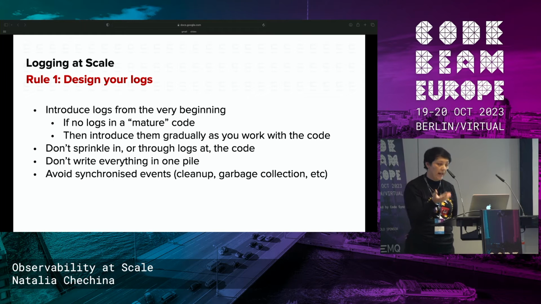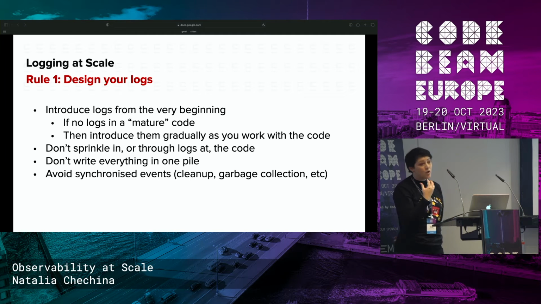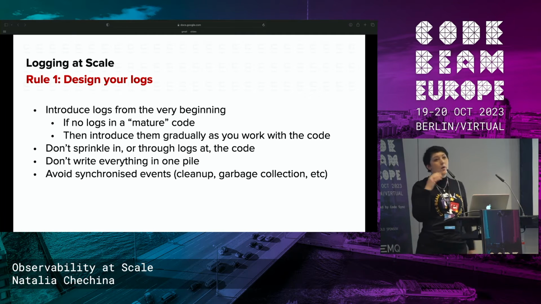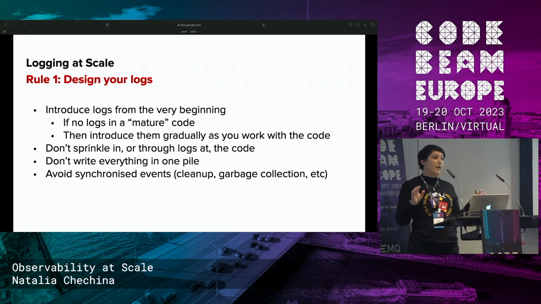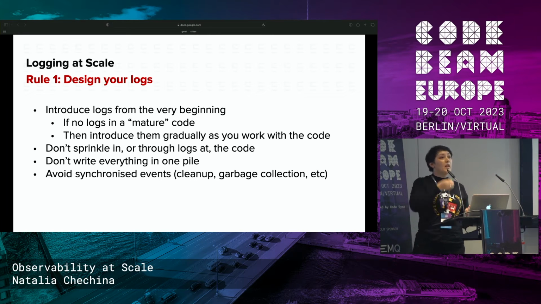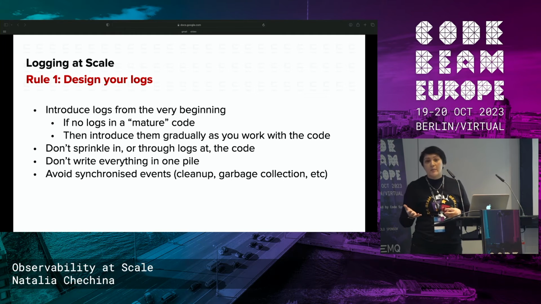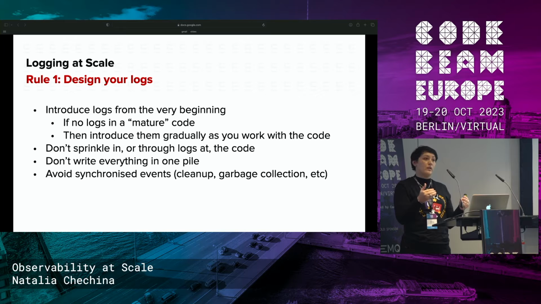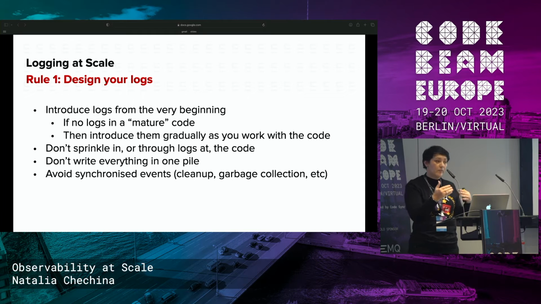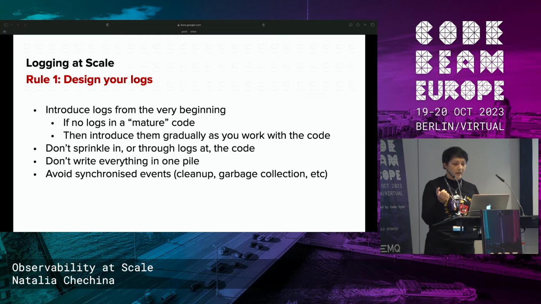Where do you want to have them? If you already have a mature system, and then you think, okay, I will design, I'll think about thousands of logs and I will put them in one go, please don't do that, right? Put your logs gradually into the code that you're using. Make sure that you check your logs, right? Make sure that you start using them. Do you have sufficient information there?